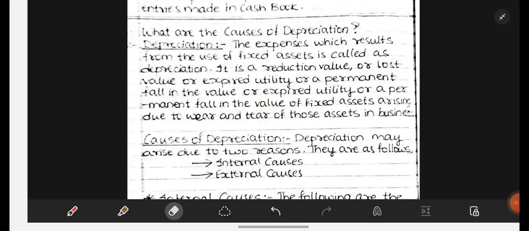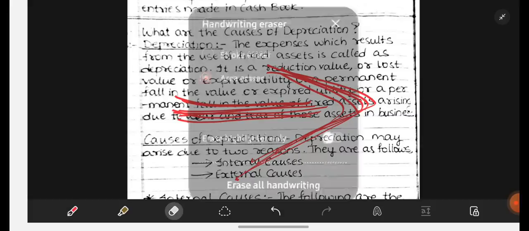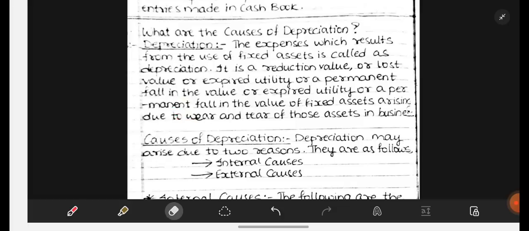No, we can't take property in depreciation. Property cost or amount will increase, but depreciation will come to the machines and the furniture. Depreciation is nothing but the expense which results from the use of fixed assets. In simple words, you have to write what it is.